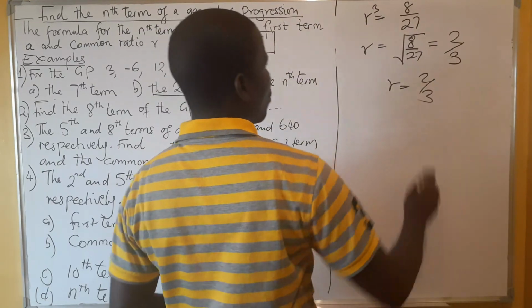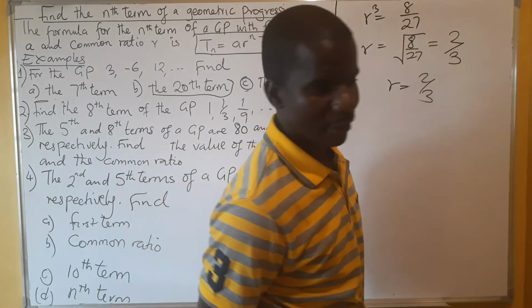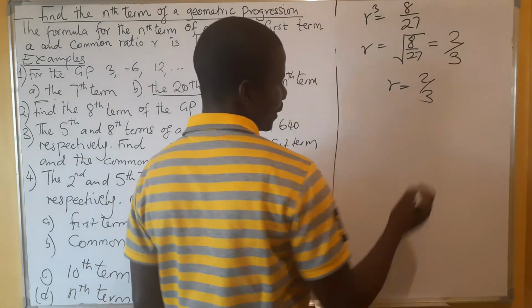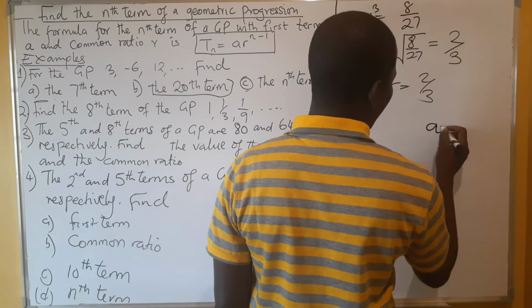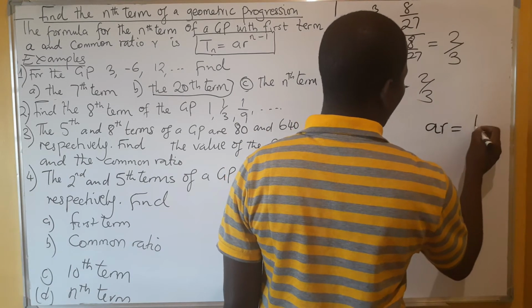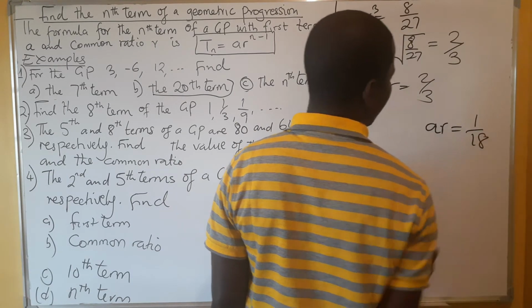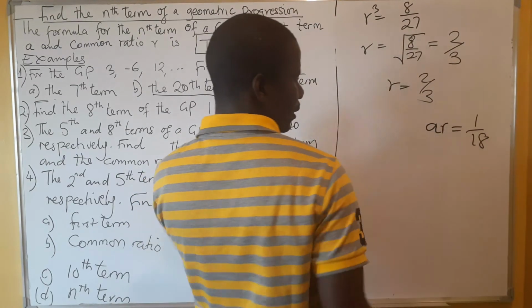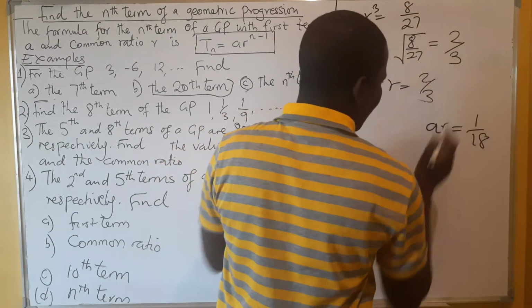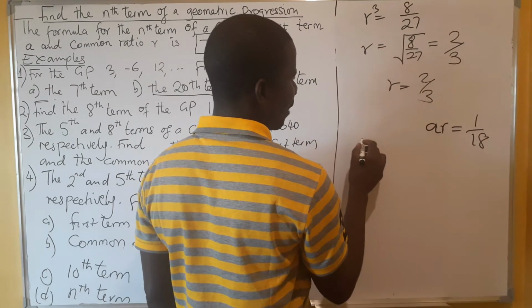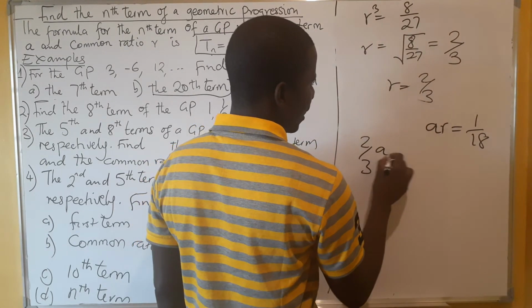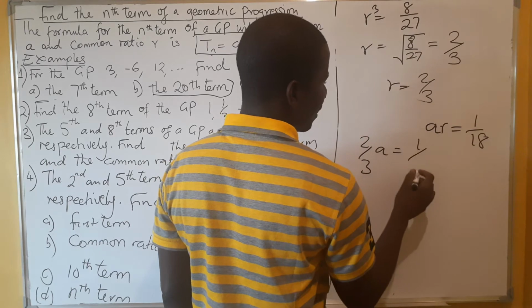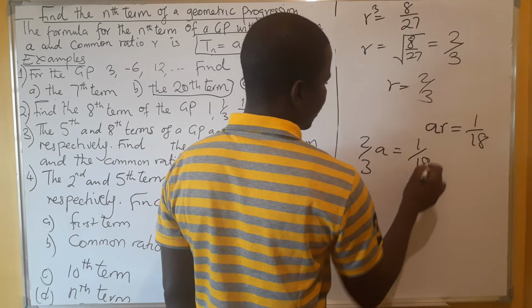first term, we're supposed to use one of those two equations. I remember the first one was 1 over 18. So we can use this one. Where there is R, we put this 2 over 3.